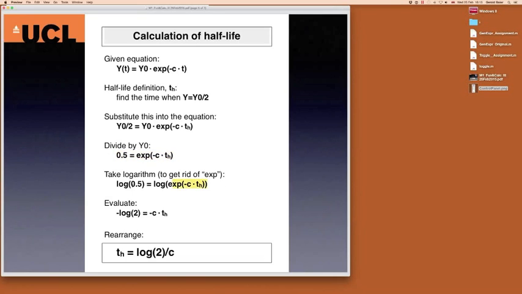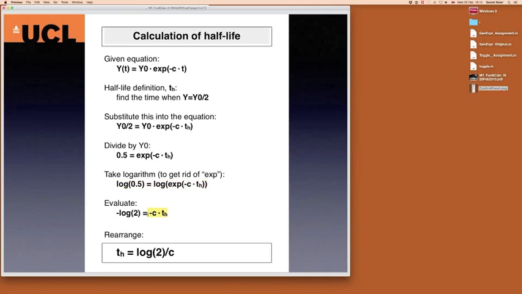So what do we do? Both sides of this simplified equation are subject to a logarithm. The left-hand side is the logarithm of 0.5, just the previous division by 2, and on the right-hand side, everything is put under the logarithm in parentheses. Now this simplifies very naturally because logarithm and exponent are inverse functions. They cancel each other.